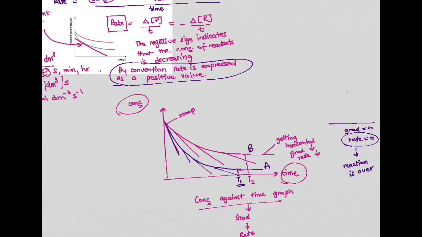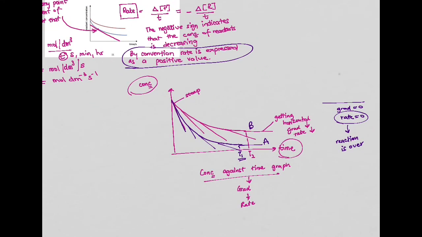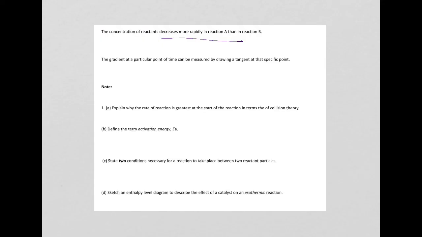Our aim is to see how much change is happening with time. So change is just a positive value. There is no negative change. You could say negative change if it's decreasing or positive change if it's increasing, but when we're talking about rate, we're simply measuring the change in concentration happening. So in case you find that the gradient is negative, you would still express it as a positive value.